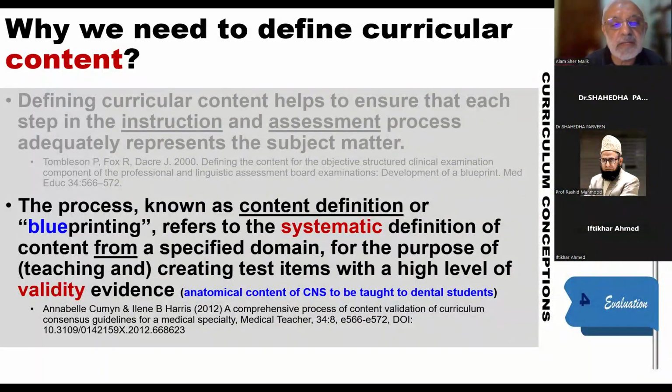For example, identifying the anatomical contents of CNS to be taught to dental students. This would be a systematic exercise for identification from the domain of anatomy, and from within the domain of anatomy, from CNS, and the purpose would be to find out what should be taught and what should be assessed, and that would provide a high level of validity as evidence.